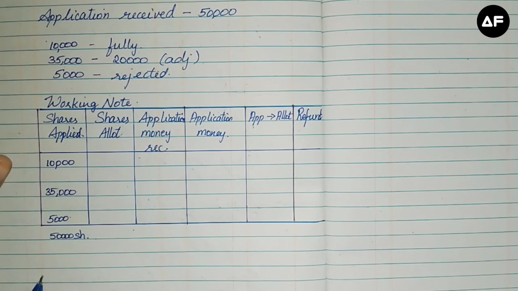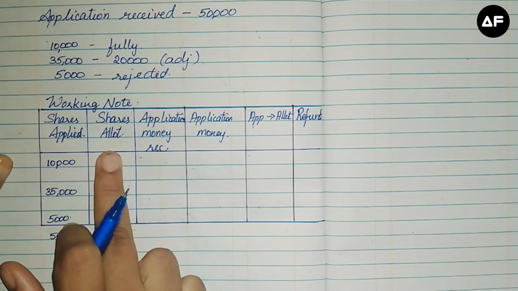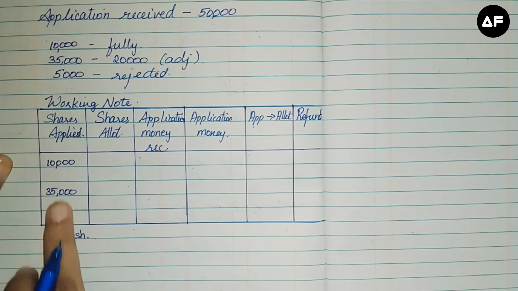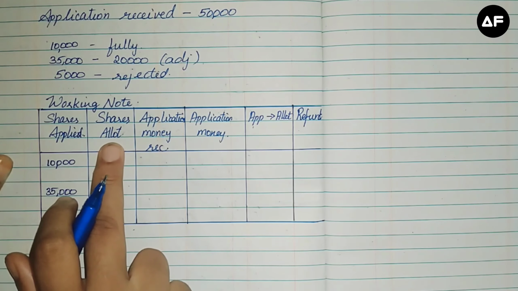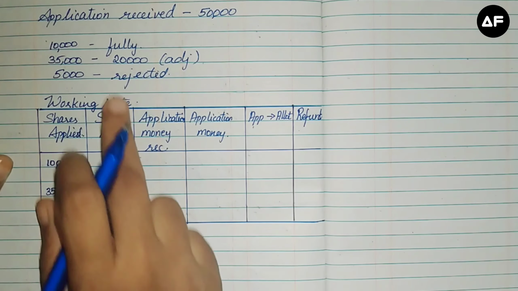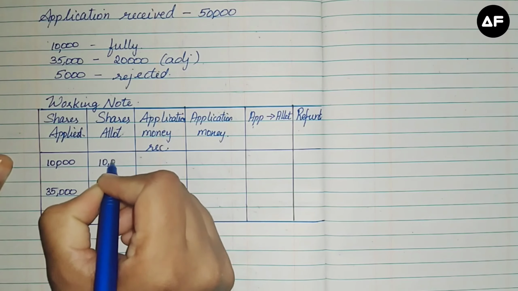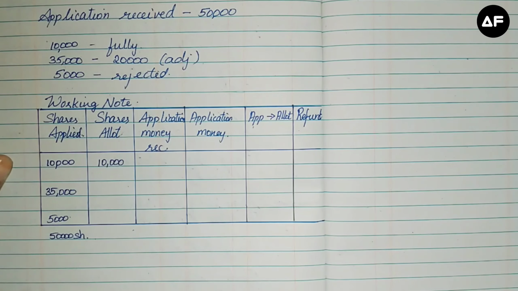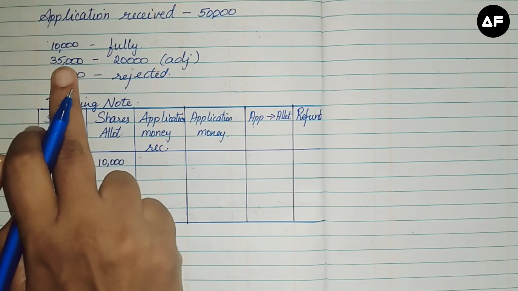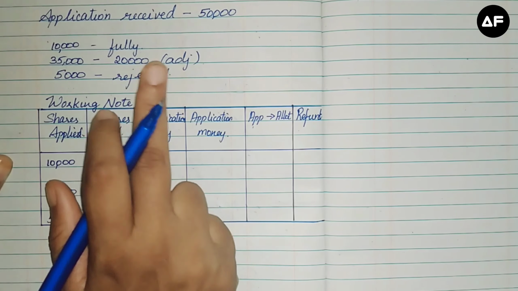Next is how many shares were allotted. That was applied by the public. Now this column shows the company's allotment. Here, 10,000 fully, so this 10,000 has been fully allotted by the company. Next, out of the 35,000 shares, 20,000 shares have been adjusted.